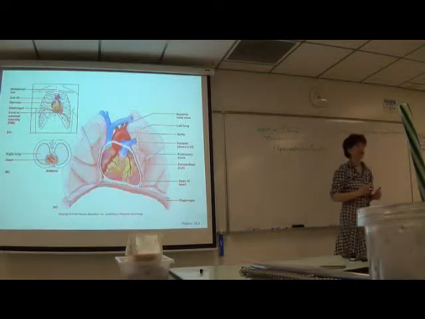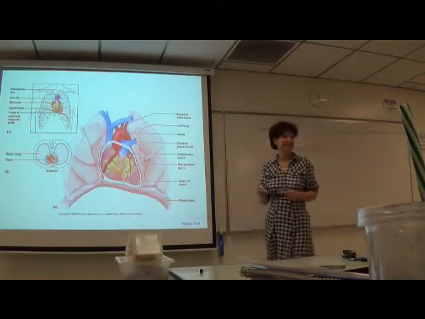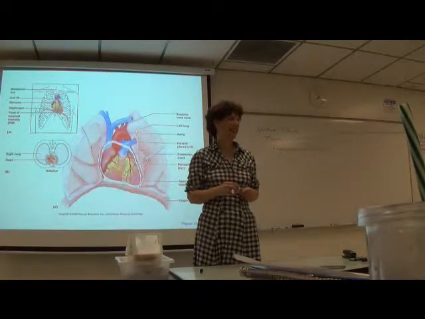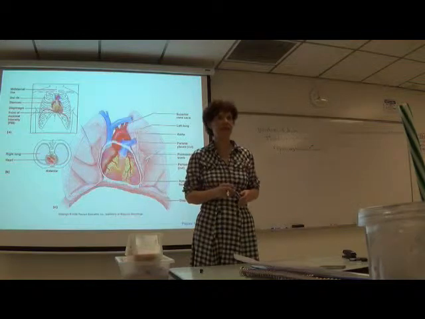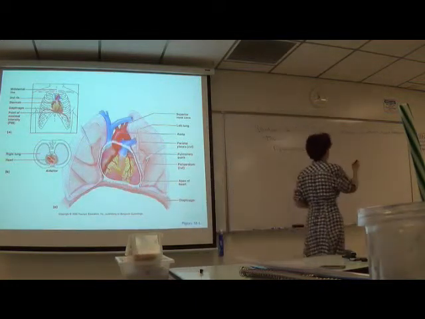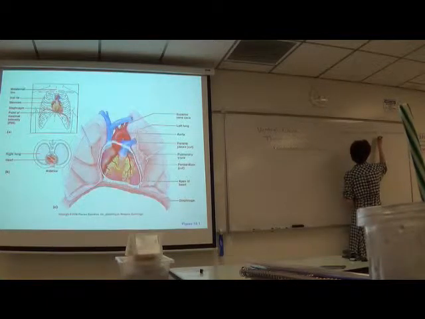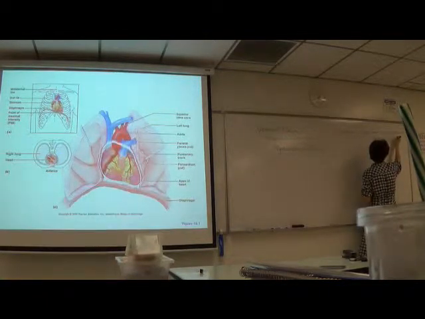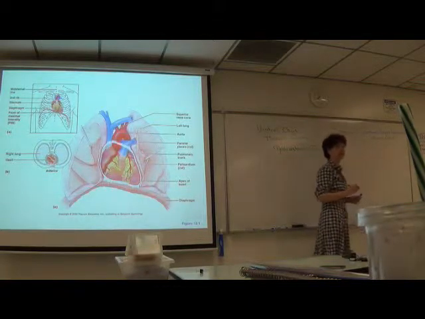Considering the unit that we just finished, especially in a child. Look at the heart model up there on the shelf. Thymus. In the adult, it's going to be adipose tissue.